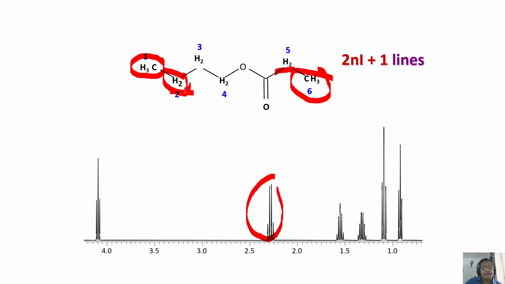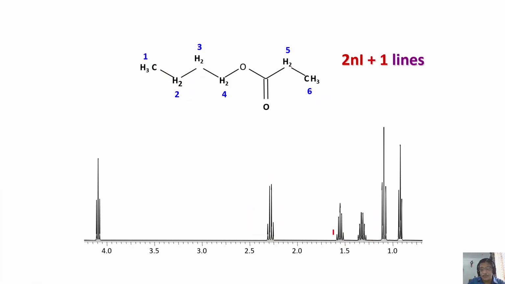Come to this proton. This proton is coupled to CH3 and it's a quartet. It is also coupled to CH2. What does it mean? Each line of the quartet will become a triplet. It's a very complex pattern. Where do you see that complex pattern? It is here. Now the question is, why not this? You will see later.